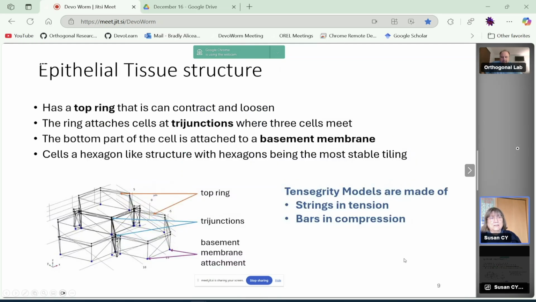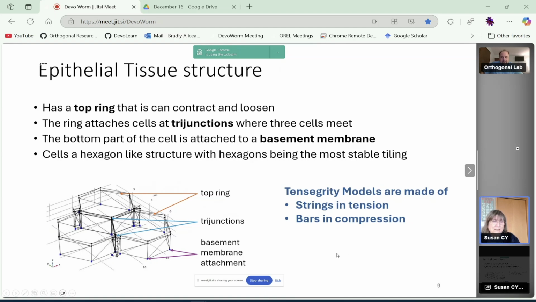So epithelial tissue structure has a top ring. See the top ring here? Yep. And then it has trijunctions, and they're quite small. Trijunctions here and here and here. And then it has basement membrane attachments all along in blue here.